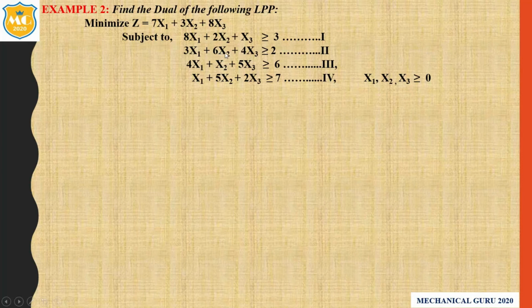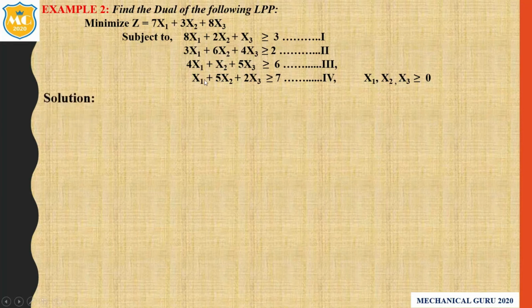Second, 3x1 plus 6x2 plus 4x3 greater than or equal to 2. 4x1 plus x2 plus 5x3 greater than or equal to 6. And the last constraint x1 plus 5x2 plus 2x3 greater than or equal to 7, and the non-negative condition x1, x2, x3 greater than or equal to 0.